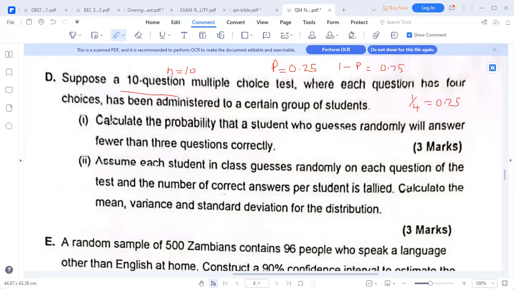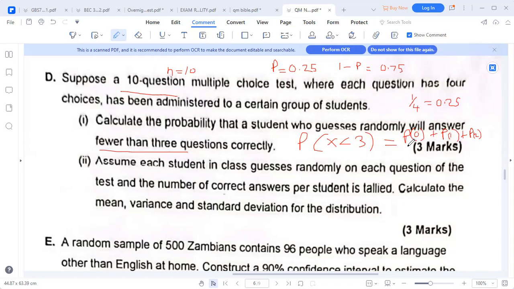Now, what is the probability that you answer correctly fewer than 3? So we are being asked to calculate the probability of X is less than 3. So what are they asking us to find? Probability of 0 plus probability of 1 plus probability of 2. Do we include the 3?